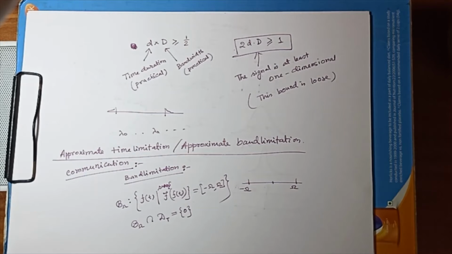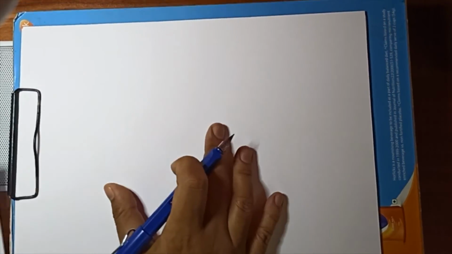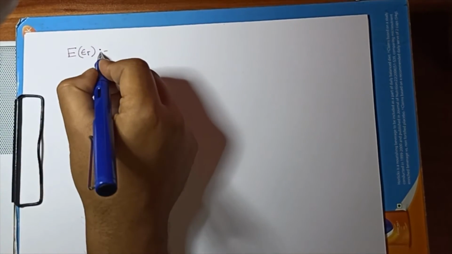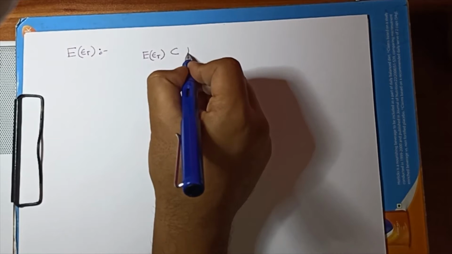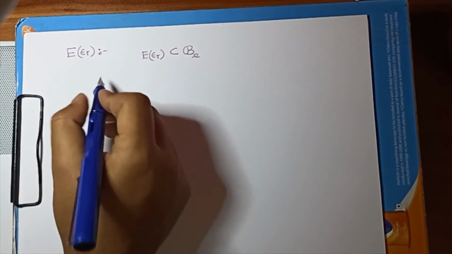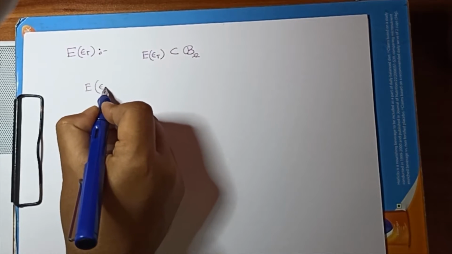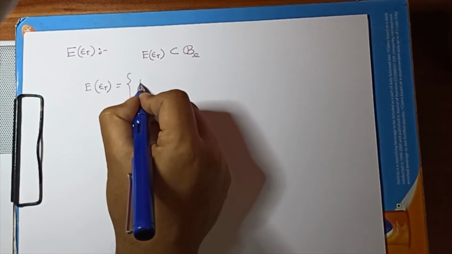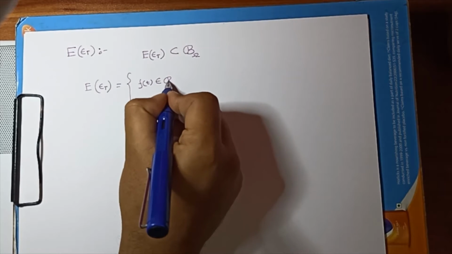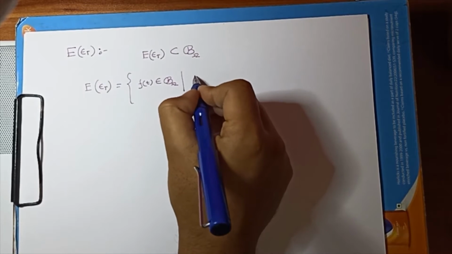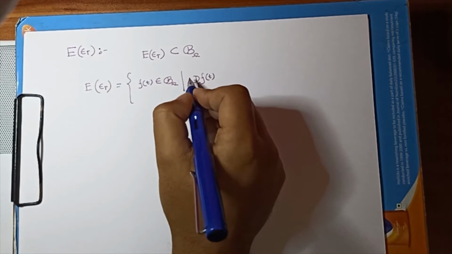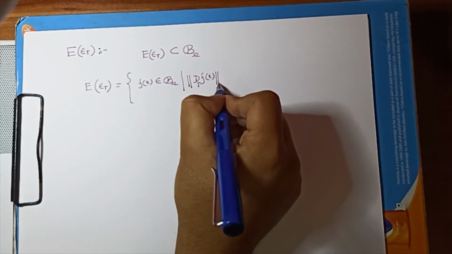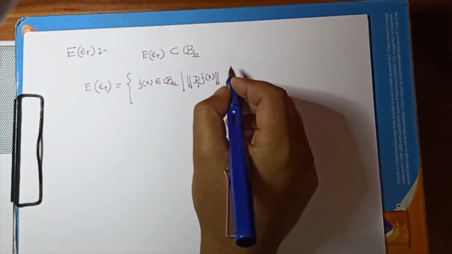So what we can do is define a new space, which we are naming E epsilon T. This space is a subspace of B, and we define E epsilon T as the space of such functions f(t) belonging to B such that if you apply the time limitation operator with duration capital T on that, the maximum energy loss will be basically epsilon T squared.